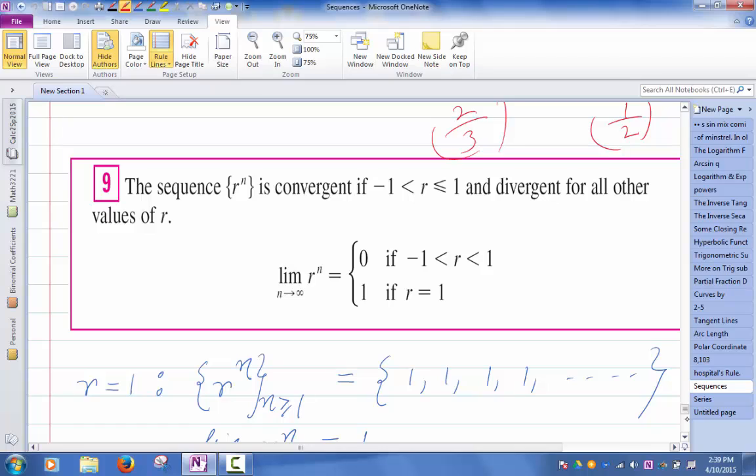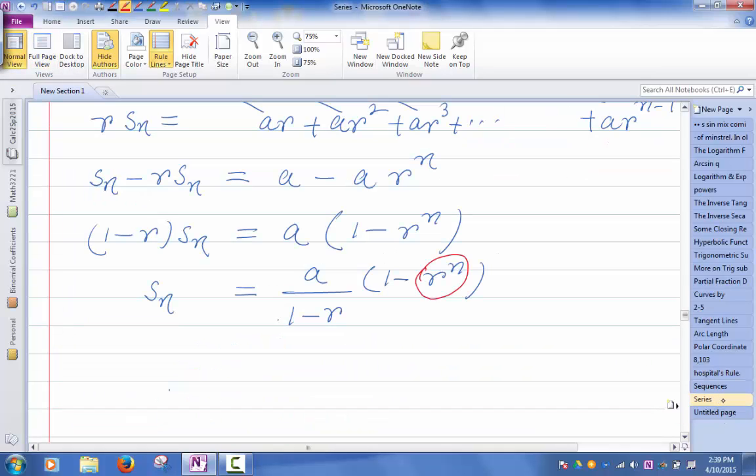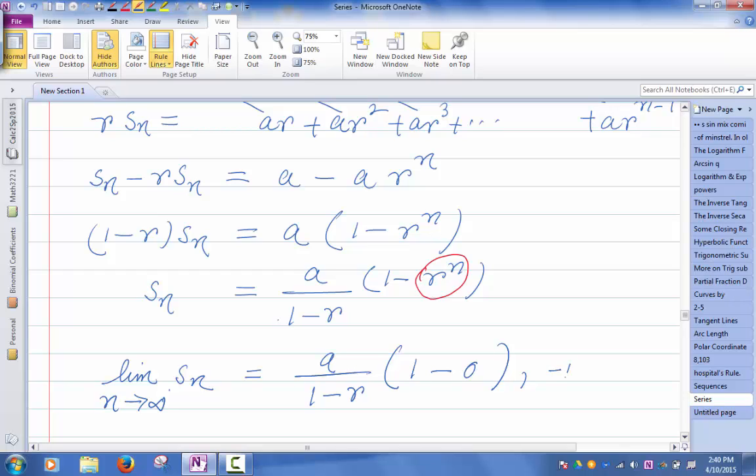Not only that, we also know the limit. The limit of r to the n is 0 when r is between -1 and 1. Right? So we're going to use that today to say that now I can say the limit of Sn as n goes to infinity is a divided by 1 minus r times 1 minus 0, as long as r is between 1 and -1, right?